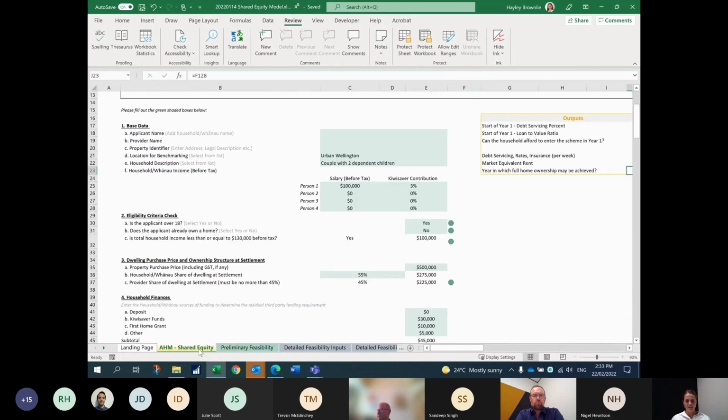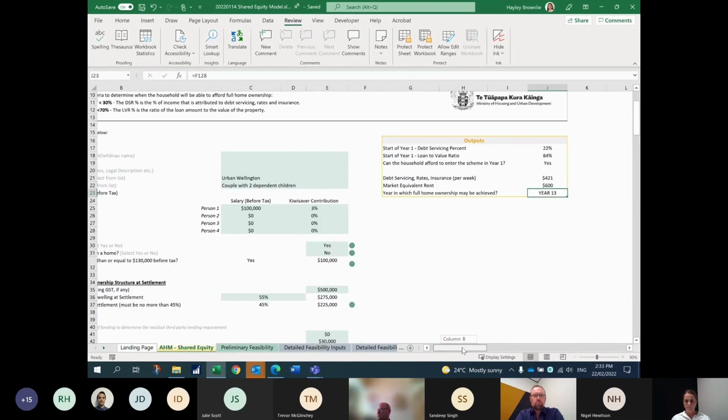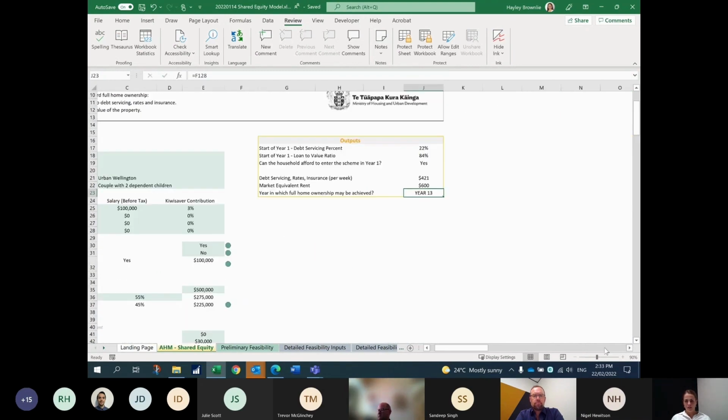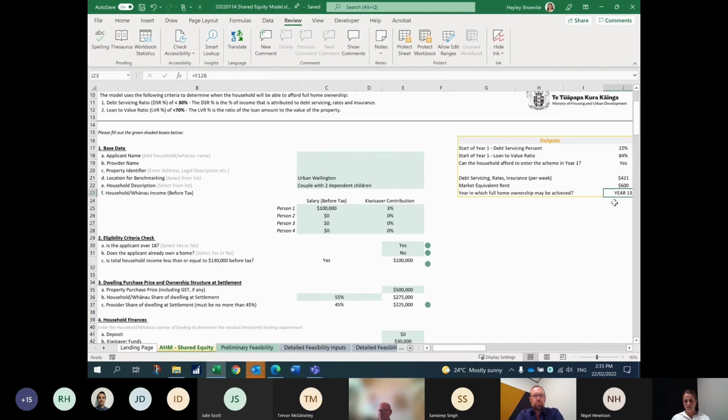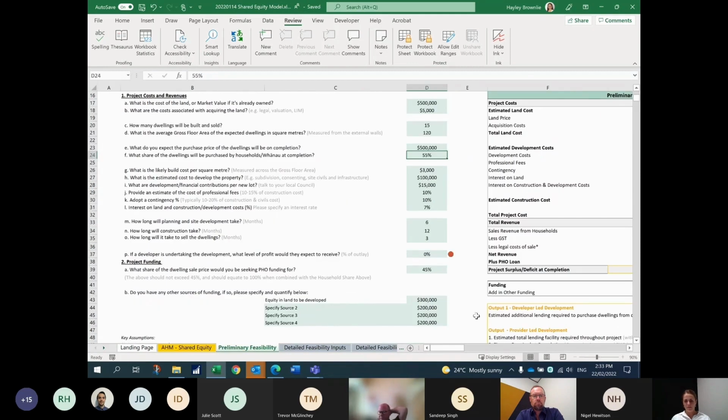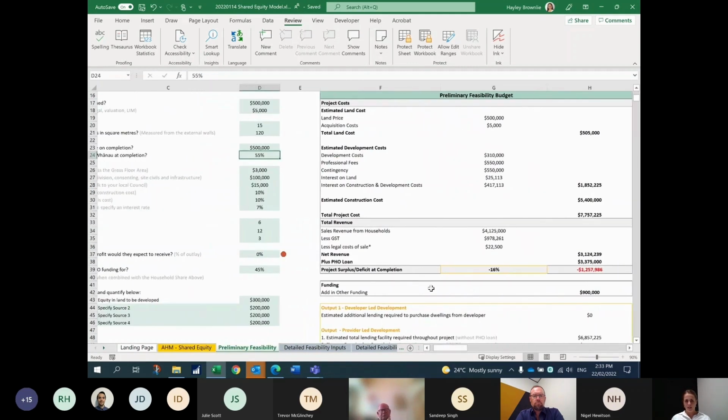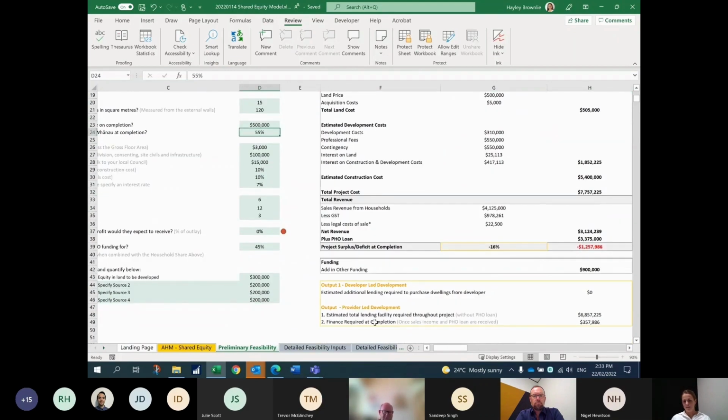So we can see in the affordability model, home ownership can be achieved at year 13 with a purchase price of 500,000. But we know from the prelim feasibility model that if we had a purchase price of 500,000, the provider's going to need lending at completion, which they may not have or may not have access to.